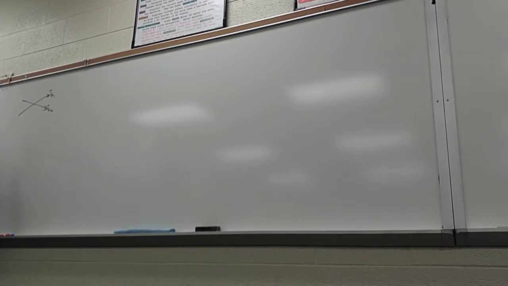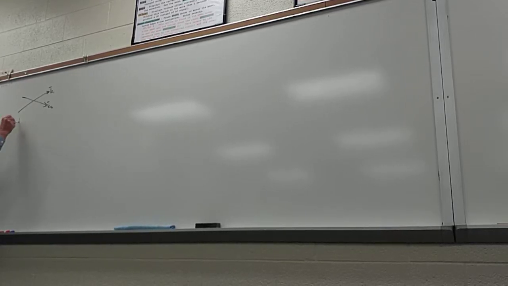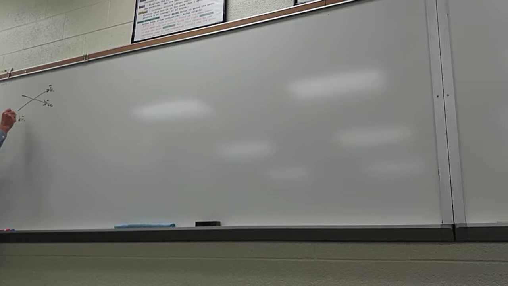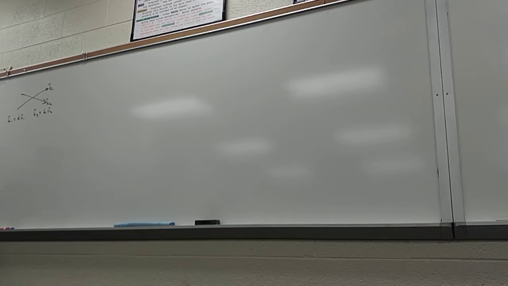The wave vector for plane wave 1 we can write as the wave number times the unit vector u1 hat, and the wave vector for beam 2 is the same wave number, but different unit vector direction in general. We haven't said anything about polarization, and what we want to know is power flow.